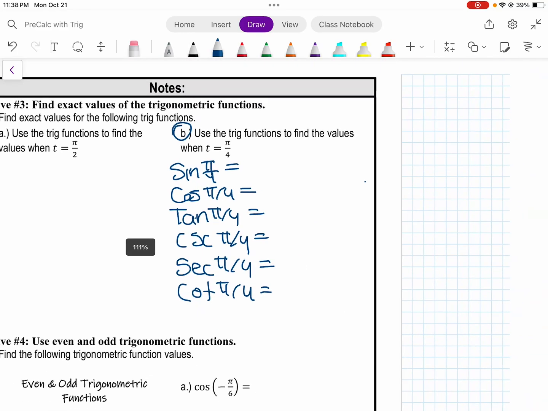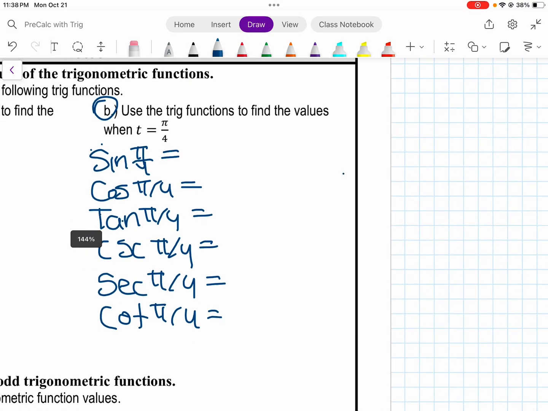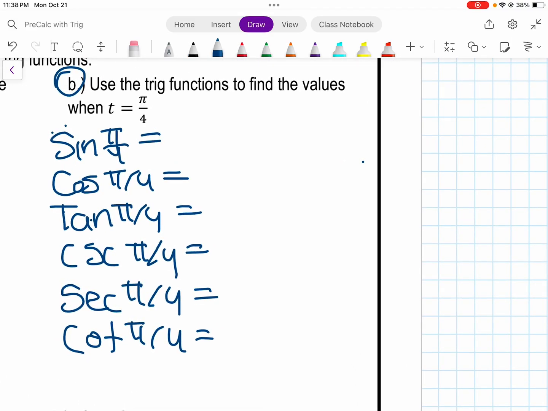Cool. Well, how do I do this? Well, the beauty of the first quadrant is that once you know the first quadrant, you pretty much know everything else. So, for example, notice that t is equal to pi over 4. The point is that the denominator is equal to pi over 4.